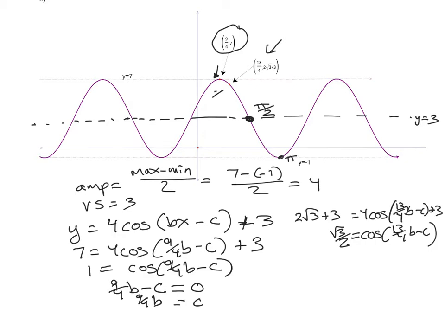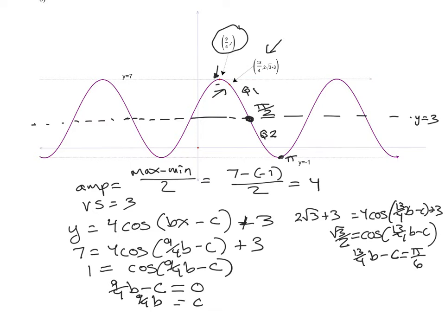So if I'm still going down here, I should be at an angle corresponding to quadrant 1. If I were over here, I'd be in quadrant 2, and so on. Knowing what quadrant you're in is important to figure out what angle, when I take the cosine, would give me √3 over 2. In this case, the first time it hits √3 over 2 in quadrant 1 would be pi over 6. So I have 13/4 b minus c must equal pi over 6.